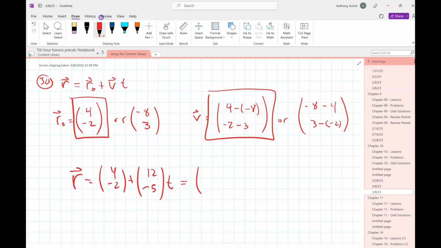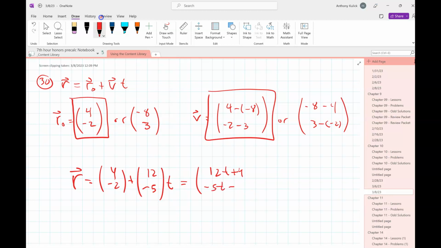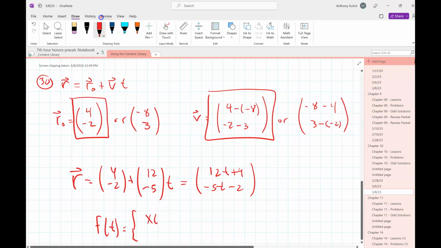If I do my vector operations, scalar multiplication and vector addition, I'd have 12t plus 4 as my x component and -5t minus 2 as my y component. That's all I need to write my parametric equation.